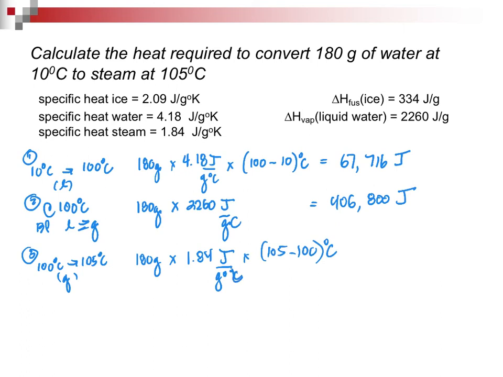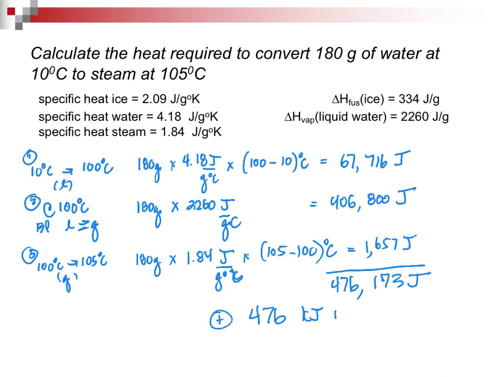I like centigrade better. And we come up with 1,657 joules. This is a very simple calculation. We come up with 476,173 joules, or 476 kilojoules, and it has a positive sign, and that refers to the heat that is absorbed.